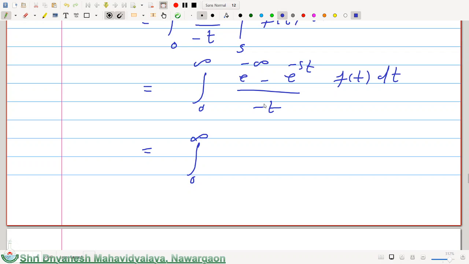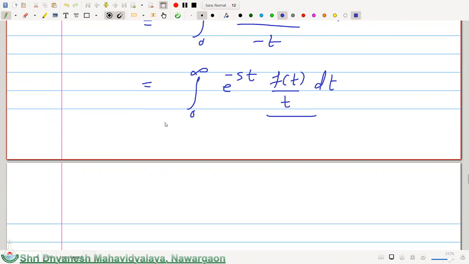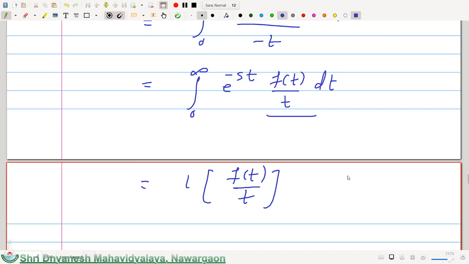This minus 1 and this minus 1 will be plus 1, and the things that remain here are e to the power minus st into f of t upon t dt. And by definition, this is the Laplace transform of f of t by t.